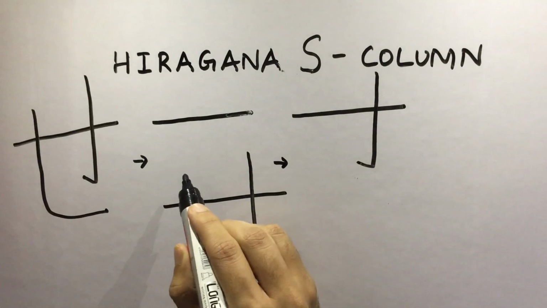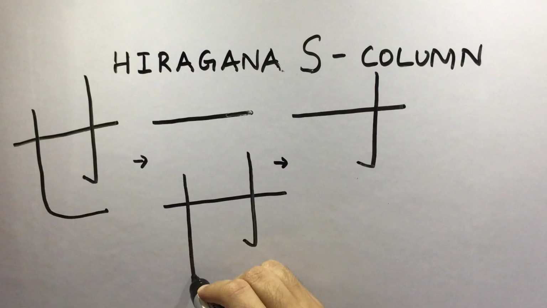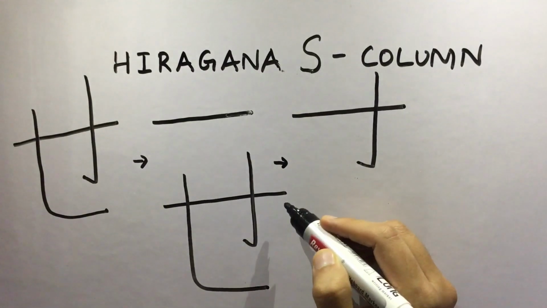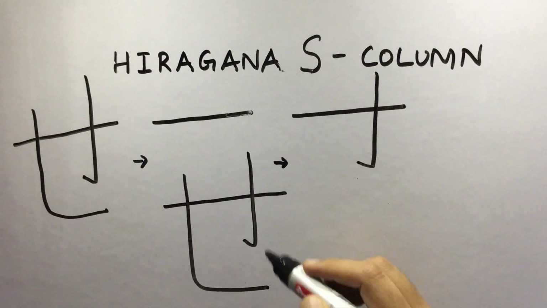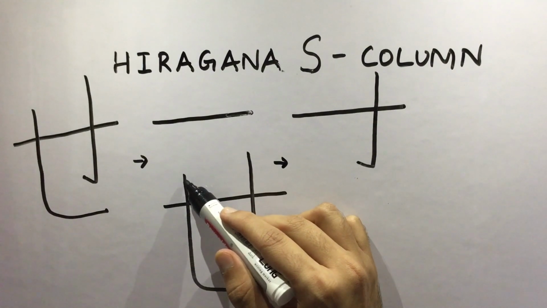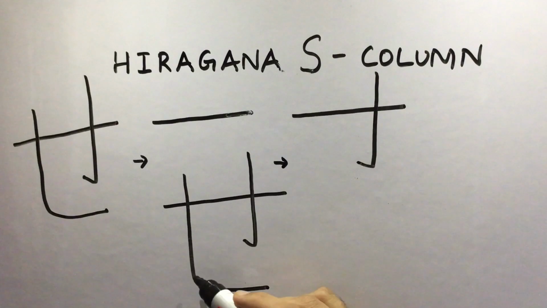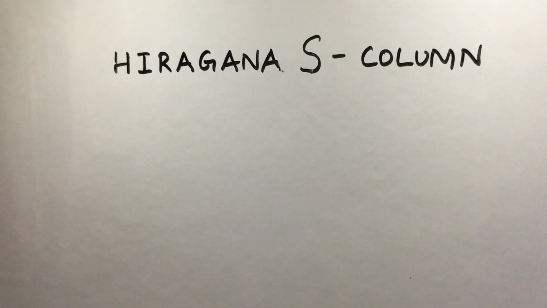You start the third stroke from this position here, from top to the bottom, curved, and then you stop here. Note the difference between the end of the first stroke and the end of the third stroke. Also note the difference that the position of the beginning of the third stroke is lower than the beginning of the second stroke. This portion here has to be curved. This is se.